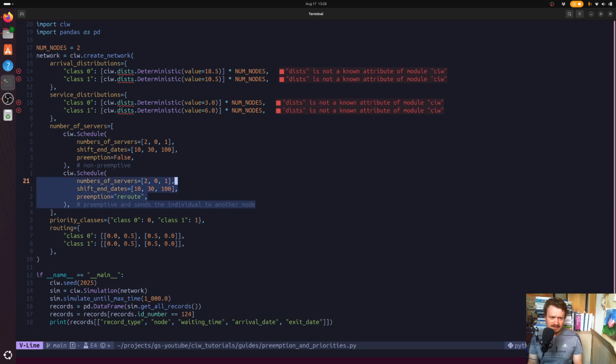Here we've only gone down to 2 nodes with these service schedulings, one that is non-preemptive and the other one that is preemptive, but the schedules are otherwise the same. We have 2 priority classes and routing behavior for each of them defined at each node. What I have changed here from last time is just that there is actually going to be some expected flow.